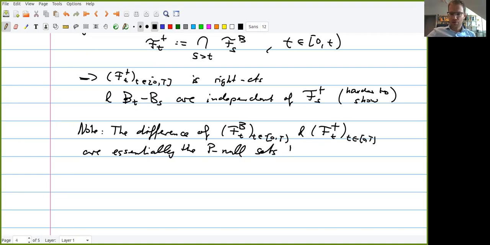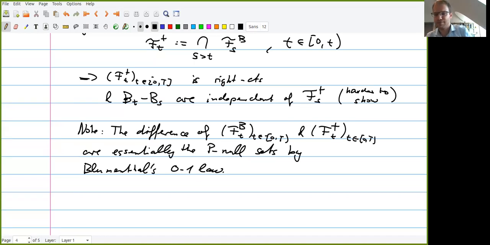Where you might have observed it, if you have seen it, otherwise it's just a side remark, is Blumenthal's 0-1 law, which tells you basically that the events which are in F plus but not in F^B have probability either 0 or 1.